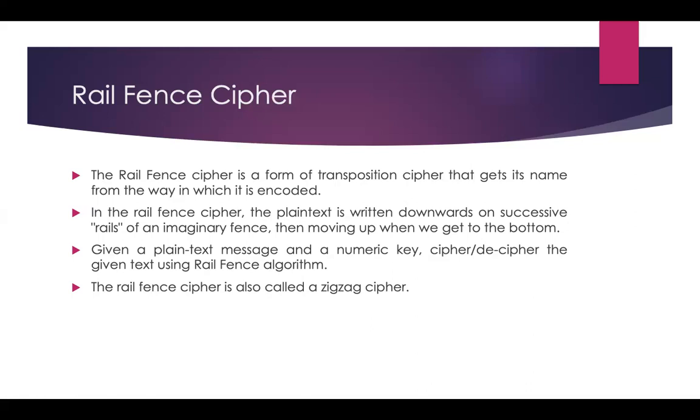There will be a given plain text message and a numeric key. Then we will cipher and decipher the given text using the algorithm. This rail fence cipher is also called the zigzag cipher. So we'll see this with an example.